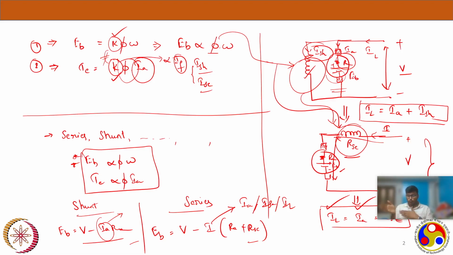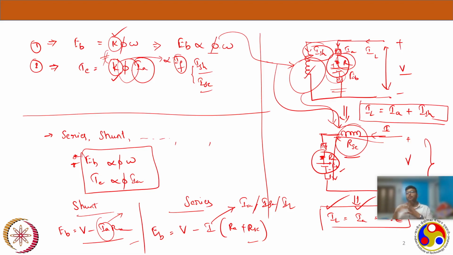Then we moved to the derivations of back EMF and torque equations. We derived those equations right from the basic concepts of force on a conductor, and they came out to be Eb equals K phi omega and torque equals K phi Ia, the fundamental equations for a DC machine.